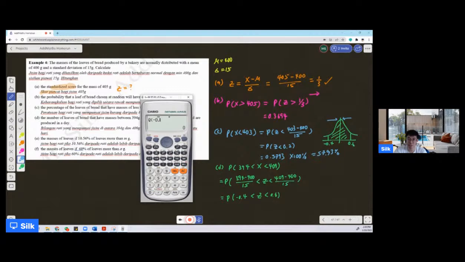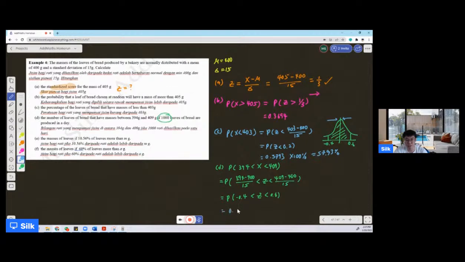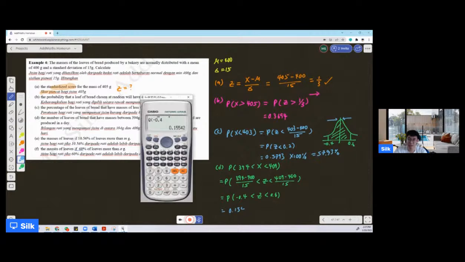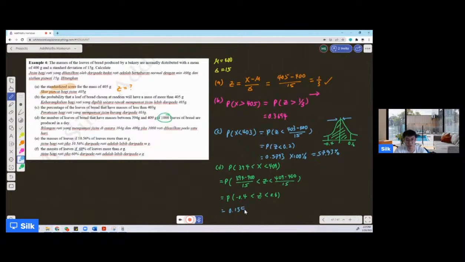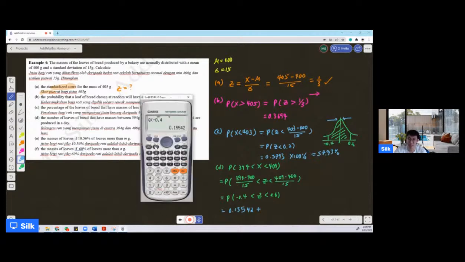negative 0.4. Press it, 0.15542 is on the left side only. So you write out 0.15542, and then plus 0.6. So you can press again, Shift 1, distribution, press Q, 0.6.